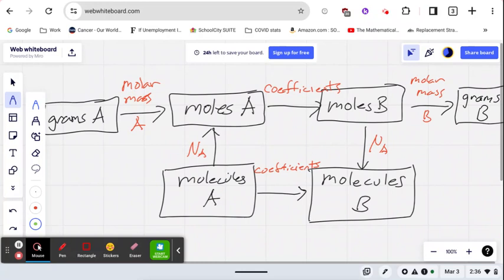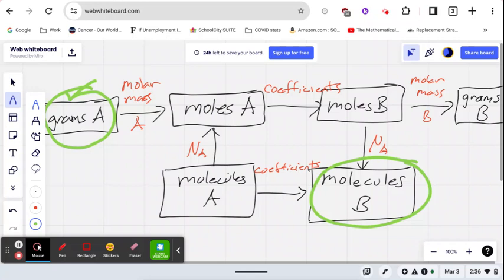So you are given grams, this quantity right here. I guess I can circle this. You're given grams of your first substance, grams of A, and you're asked to find molecules of B. Oh no, how am I gonna do that? I was given grams, and it's asking for molecules. I'm confused. Okay. Notice that all these things are related, and we've learned all of them.